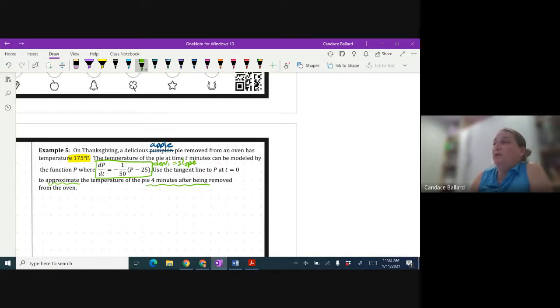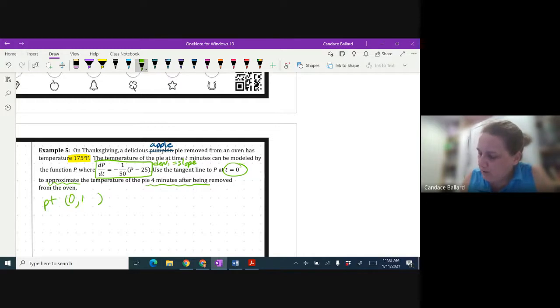Tell me in the chat, what do you think the point is? Casey says it has something to do with 175. What's the t value though? Brianna, good job. T equals 0.